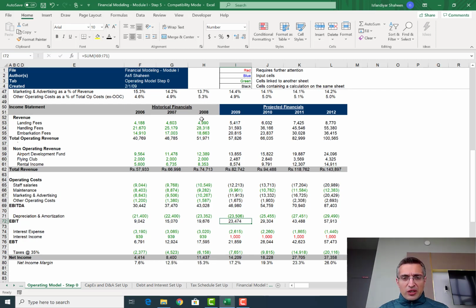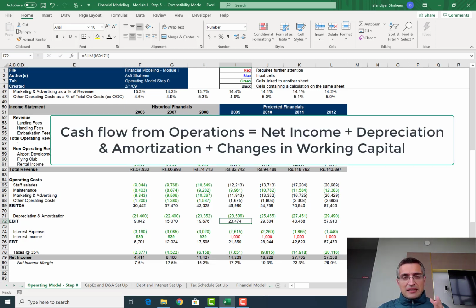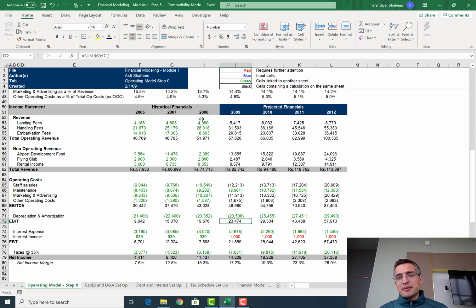Once you have got the income statement down, you are now in a position to start moving towards cash flow, and particularly cash flow from operations. And for that, you are going to need the working capital schedule, because again, going back to the formula for cash flow from operations, it is net income plus non-cash expenses like depreciation plus changes in net working capital, which is changes in accounts receivable and inventory and changes in accounts payable.